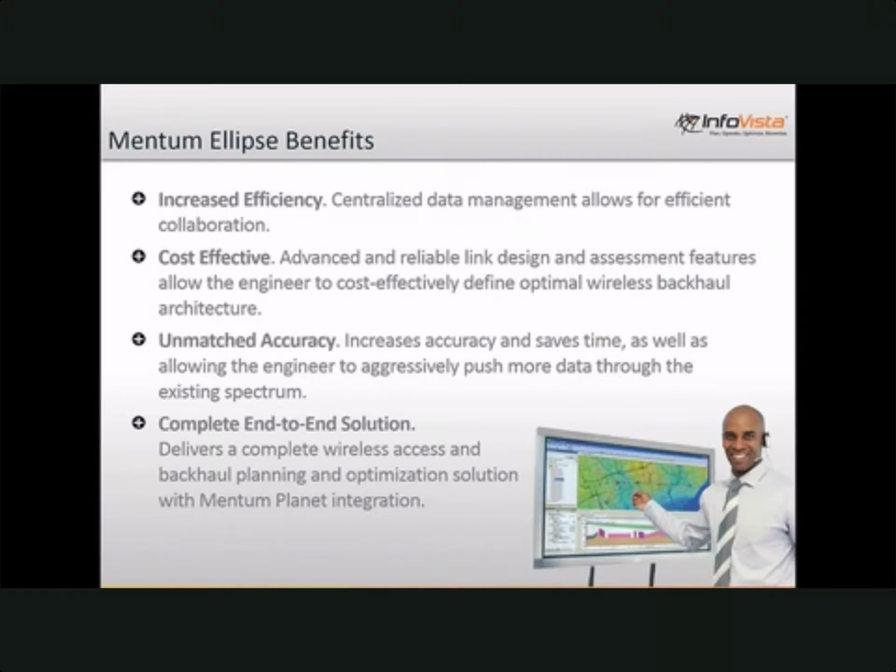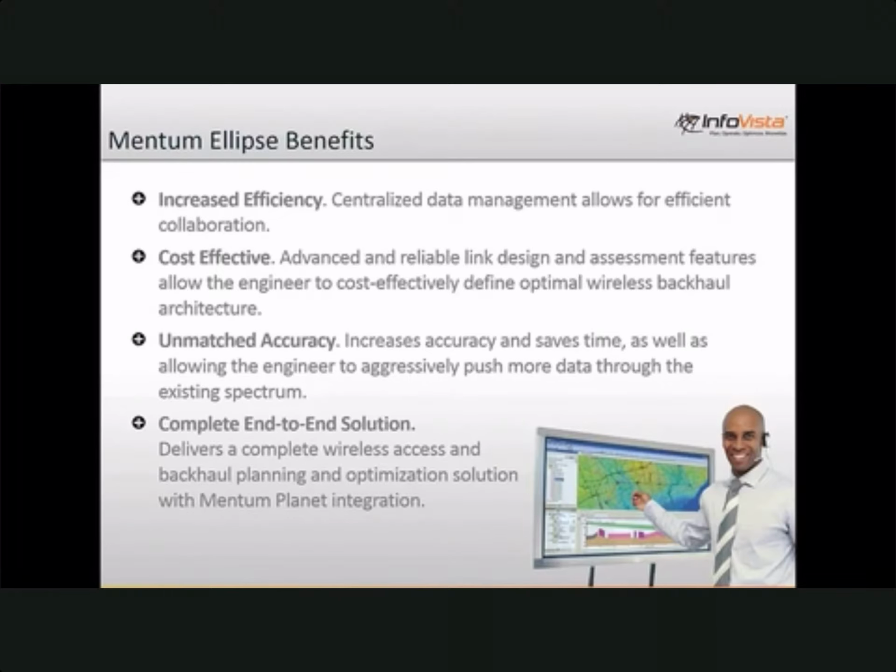The benefit of using Mentum Ellipse is increased efficiency, because you can centralize the data management for efficient collaboration between a lot of people at the same time. It's cost-effective, because it has advanced and reliable link design and assessment features that allow the engineer to cost-effectively define optimal wireless backhaul architecture.